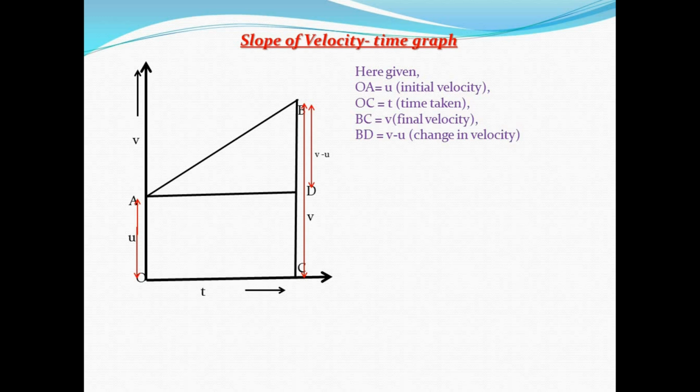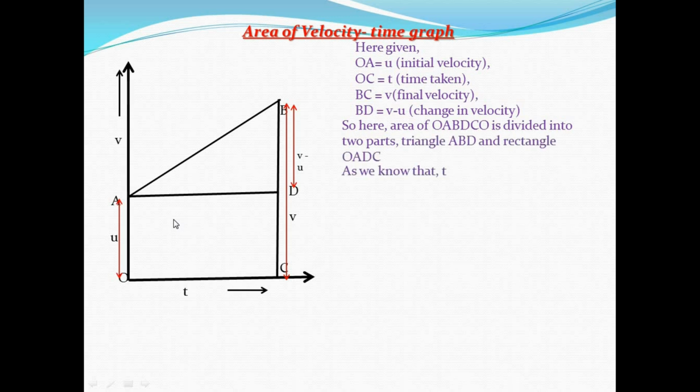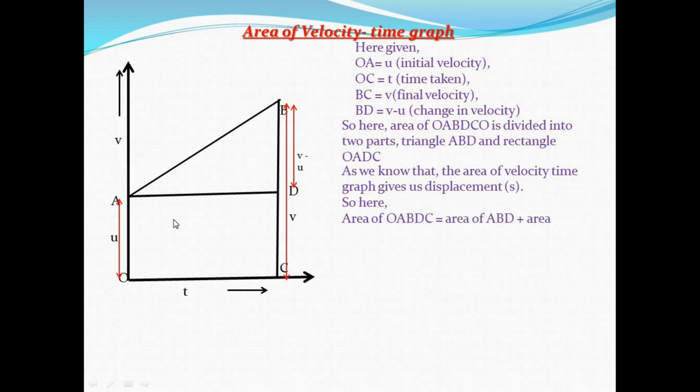And BD is equal to v minus u, that is change in velocity. So here area of OABDCO is divided into two parts. First, triangle ABD, and second, rectangle OADC.